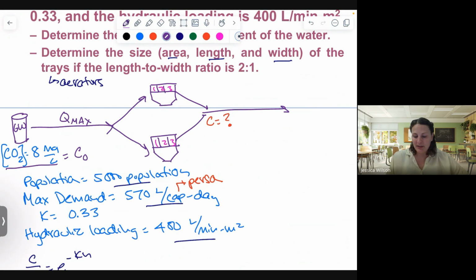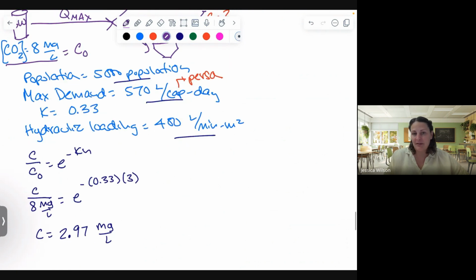But this maximum demand here is in liters per person per day, and we know that our Q should always be in units of volume over time, usually liters per day, meters cubed per second, etc. Fortunately for us, this is a very simple calculation.